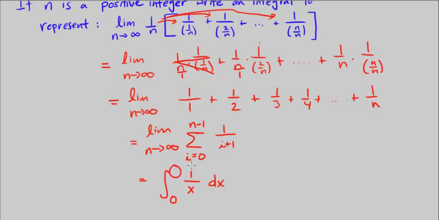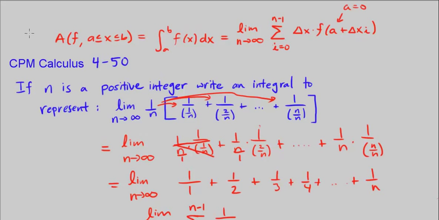So where are we stopping, right? What is this stopping point? Well, remember that this is a to b, and so we want b to be where we're stopping. Well, delta x, we know, is equal to b minus a over n.